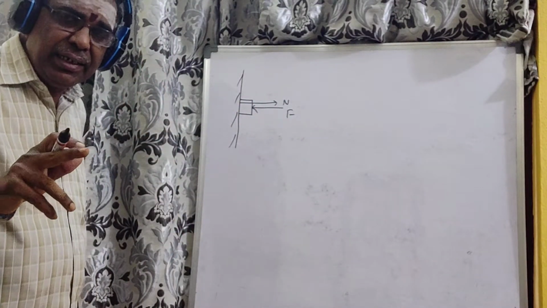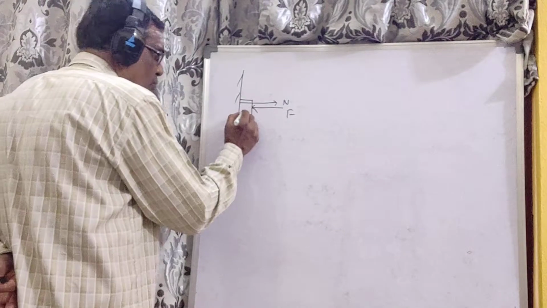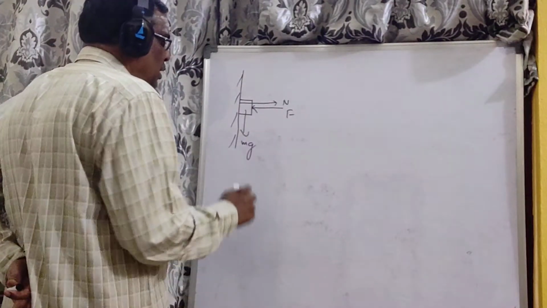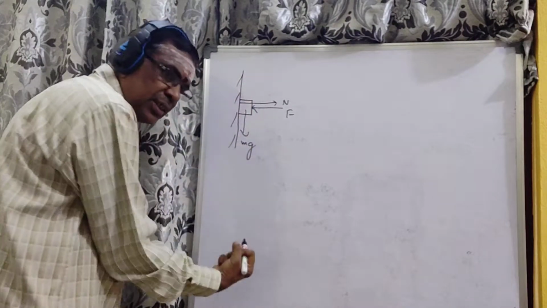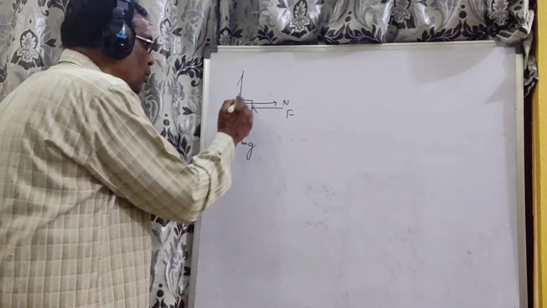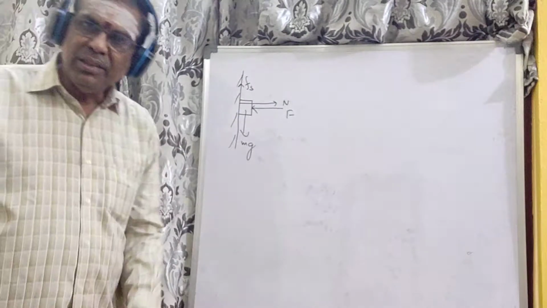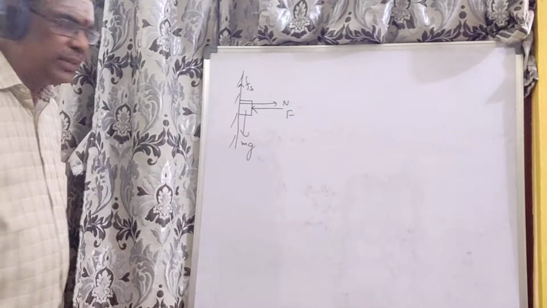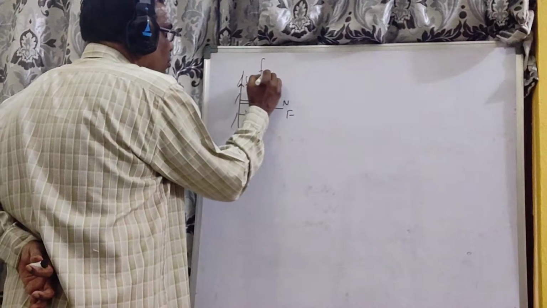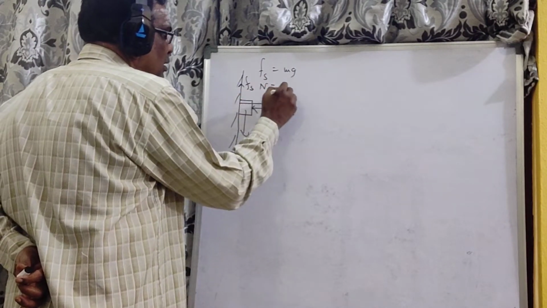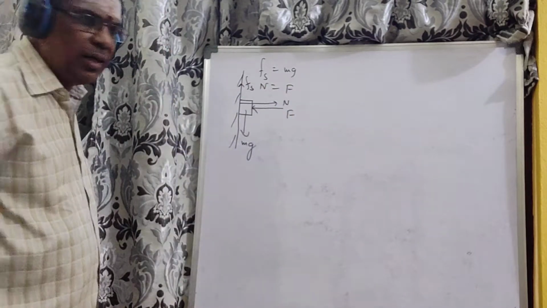And you said that the body doesn't slip. Therefore, this is mg, and mg tries to bring it down. Friction prevents it. No slipping, therefore Fs. So here Fs is equal to mg and is equal to F.